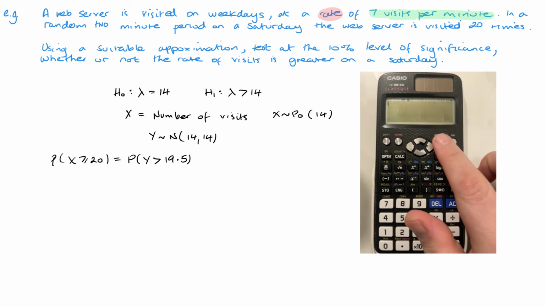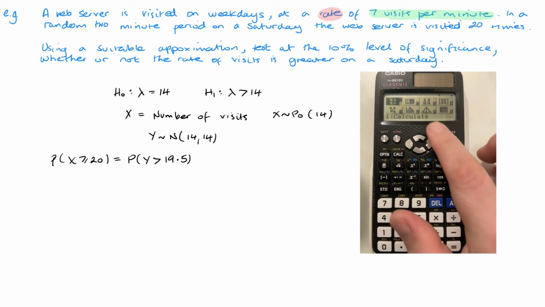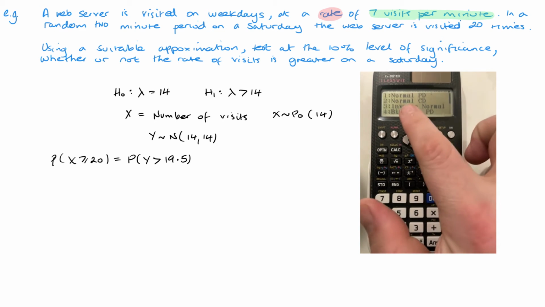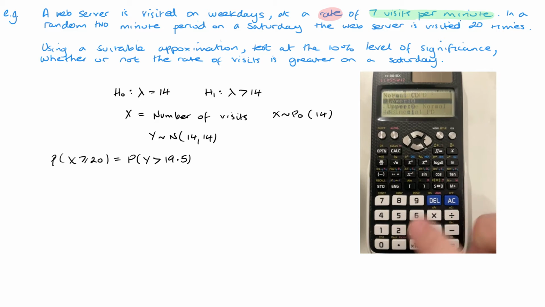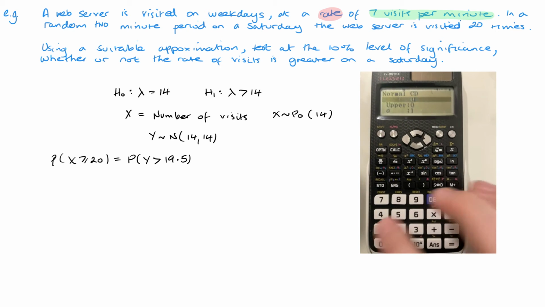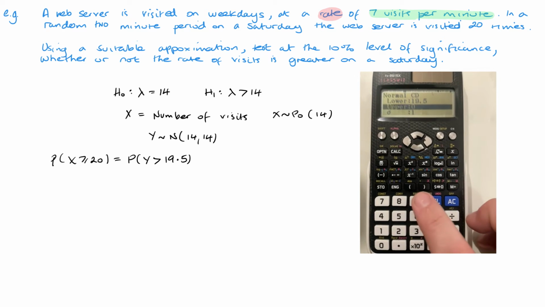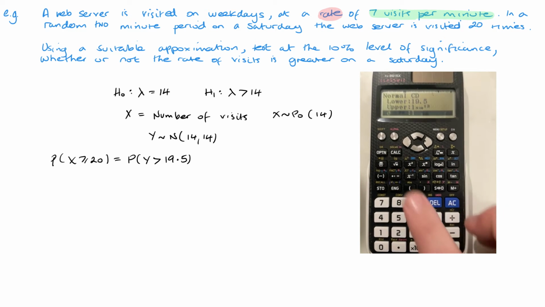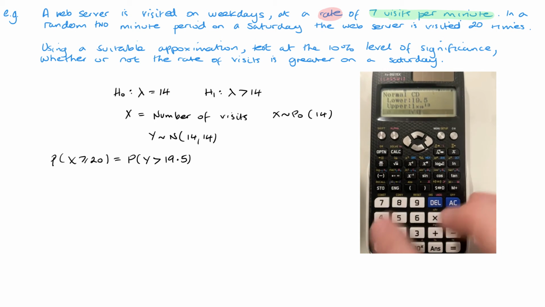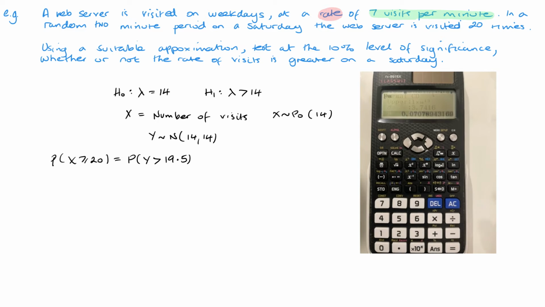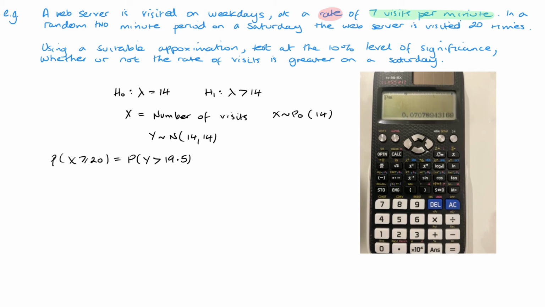Now on my calculator, I go menu, distribution, number 7, we want normal CD. Our lower value is going to be 19.5. Our upper value just needs to be very large, so a lot of 9s. Our standard deviation is going to be the square root of 14, and our mean will be 14. And there you see we get 0.0708.